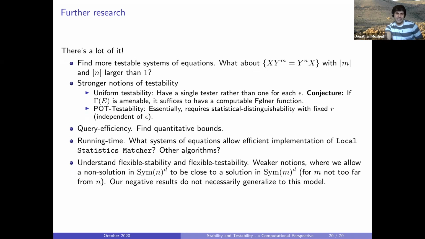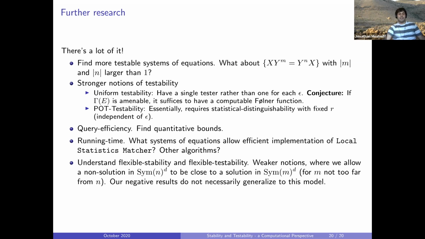So in the local statistics matching algorithm that we gave, the radius that we're sampling the balls with is growing in epsilon, right? For every epsilon, you need a larger size of ball. And POT testability generally captures the notion of what if the radius may not depend on epsilon?